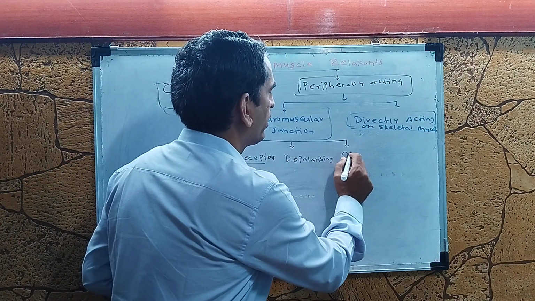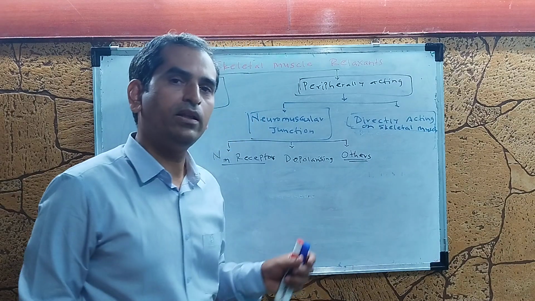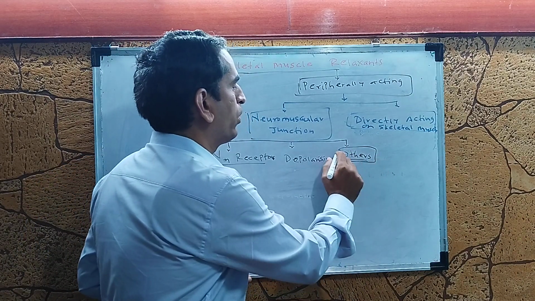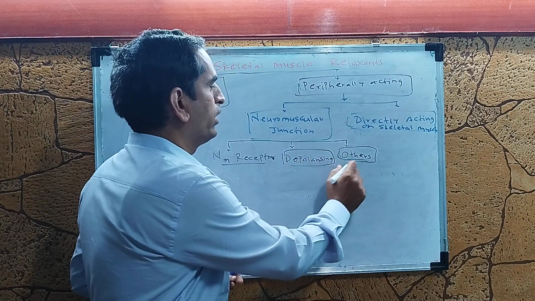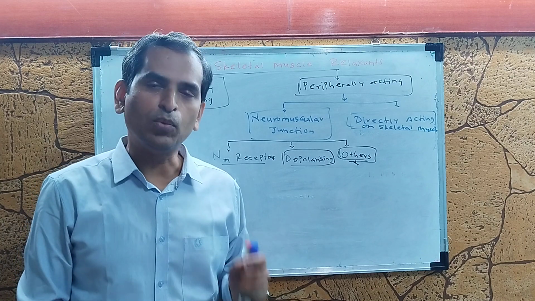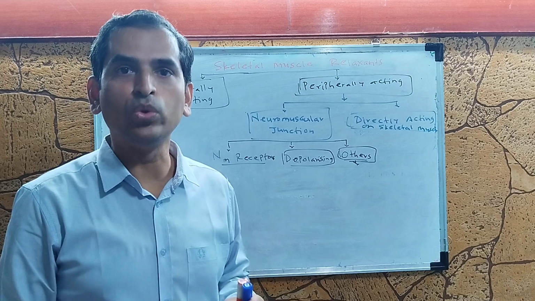The third category of drugs are the other categories, and in this category there is one example called botulinum toxin. What botulinum toxin does is inhibit the release of acetylcholine.